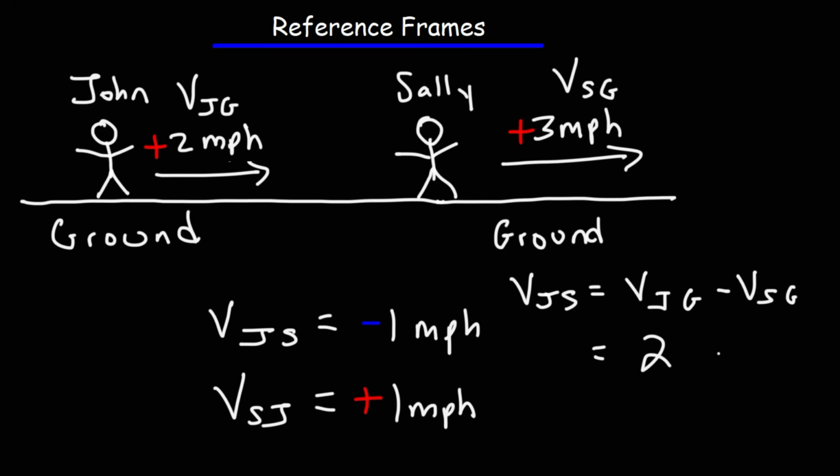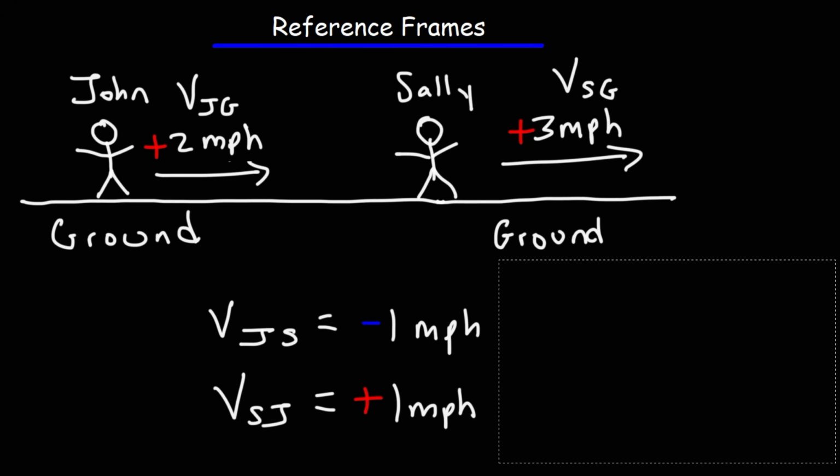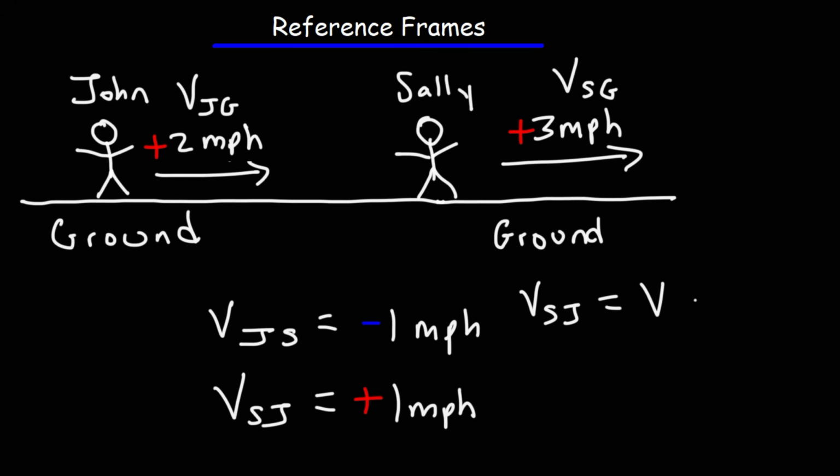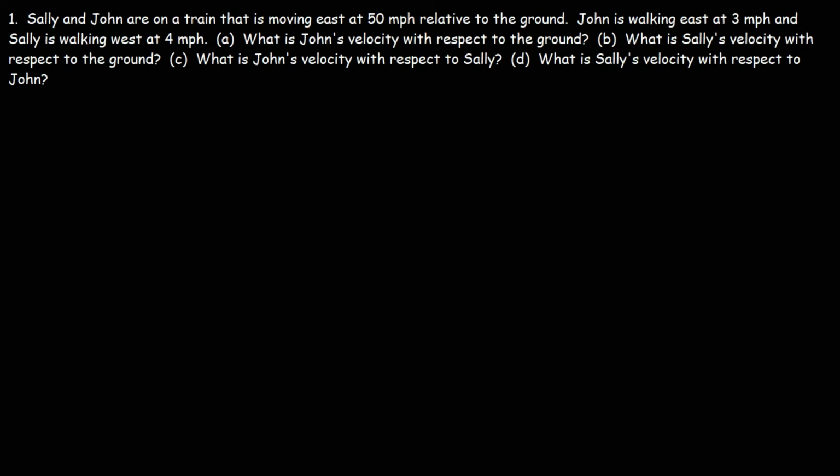If we plug in the numbers, 2 minus 3 will give us -1. Likewise, to calculate Sally's velocity relative to John, it's going to be VSG minus VJG, Sally's velocity relative to the ground minus John's velocity relative to the ground. So VSJ is 3 minus VJG, which is positive 2, and that gives us positive 1. So that's the math behind the operations that gave us these two answers.